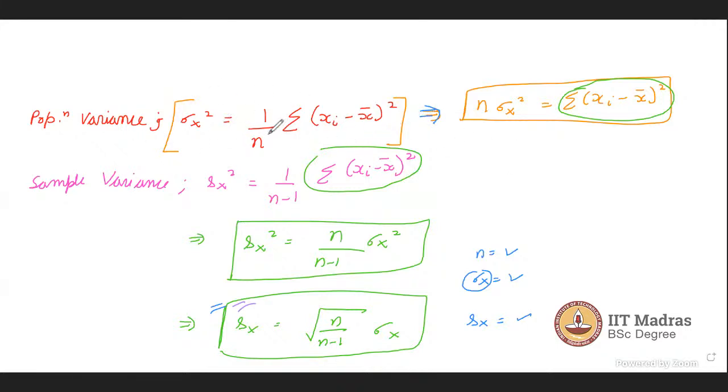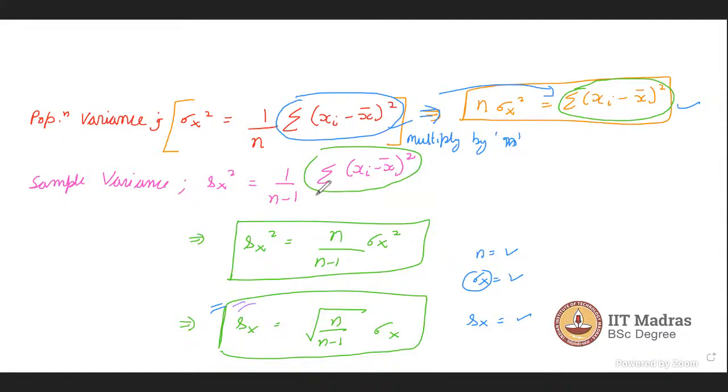Okay, so population variance formula, you all know this, right? If I multiply both sides by n, I will get n times population variance equal this summation thing, which I calculated from data. You can also verify this relation if you want. For sample variance, I know the formula is this, just n replaced by n minus 1.